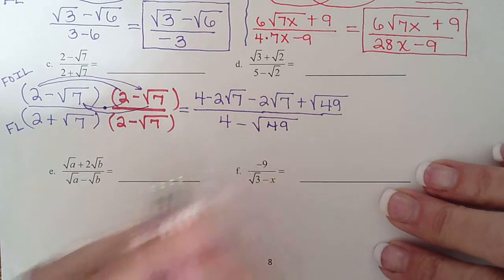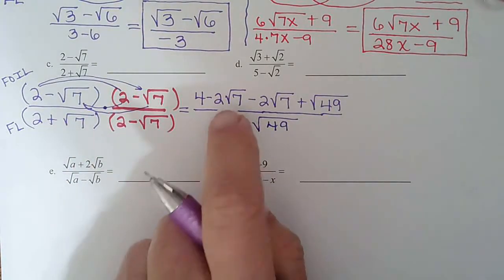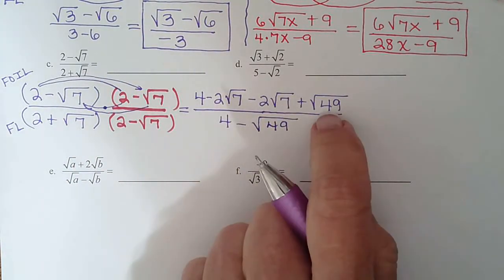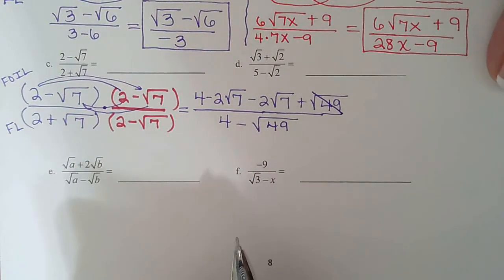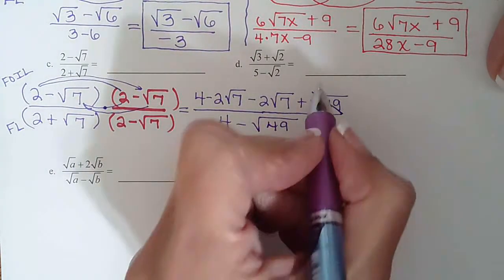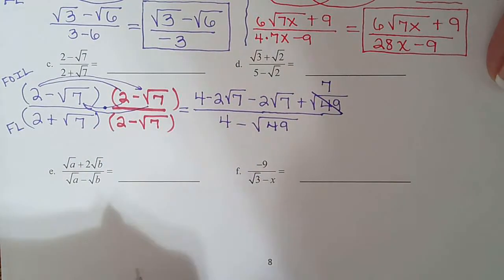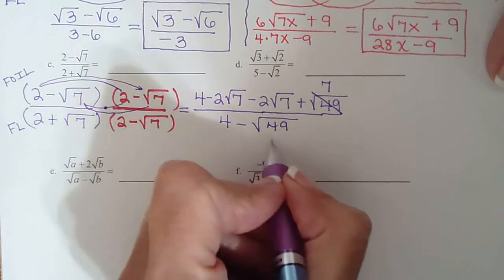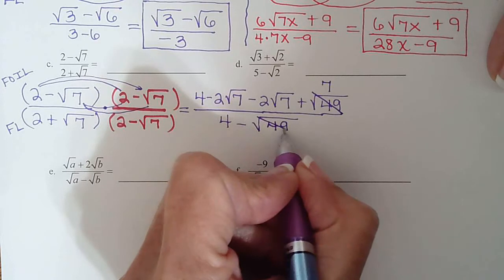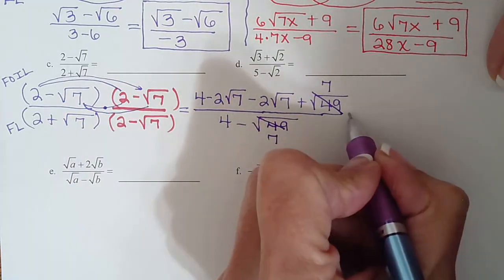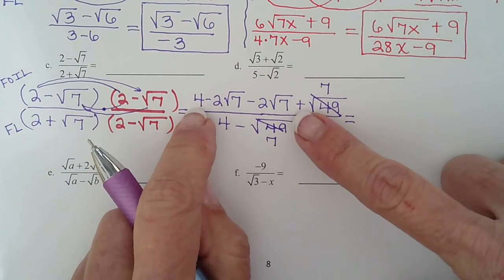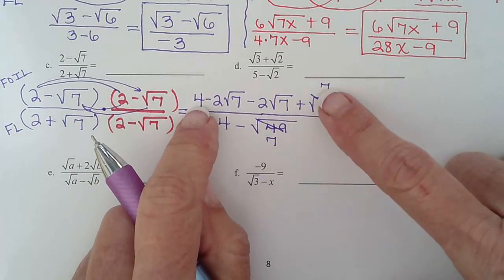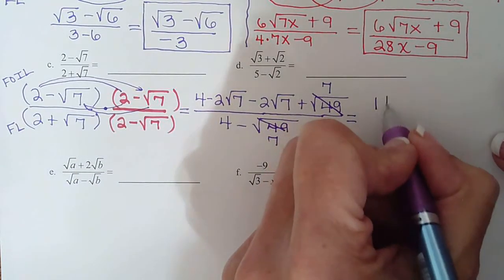So we have a lot of simplifying to do on this one. We have like terms here. We have to pull that out. So let's go ahead and pull this one out now to save a step. The square root of 49, that's 2 sevens, so it comes out as a single 7. And let's go ahead and do this one too. Square root of 49 just comes out as 7. So now combining like terms, we can go straight to the answer. 4 plus 7 would be 11.